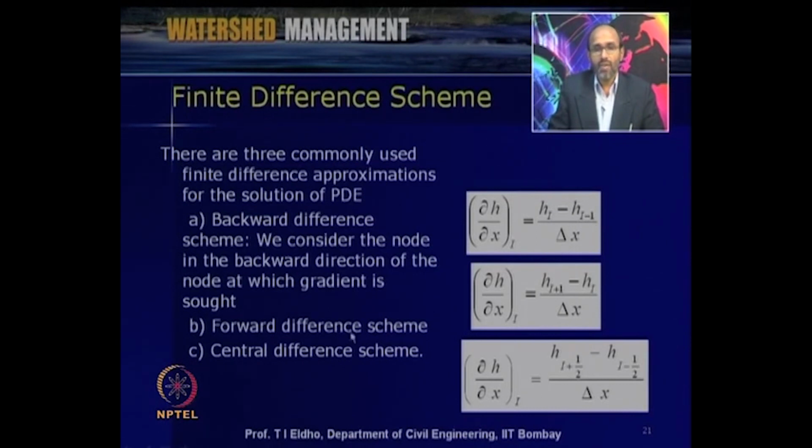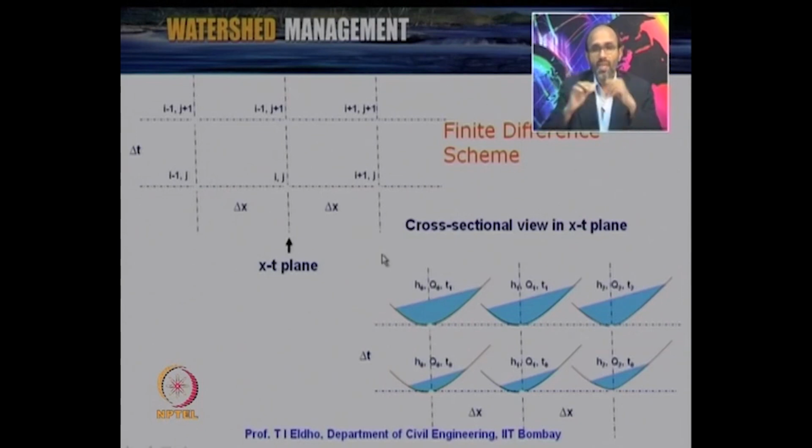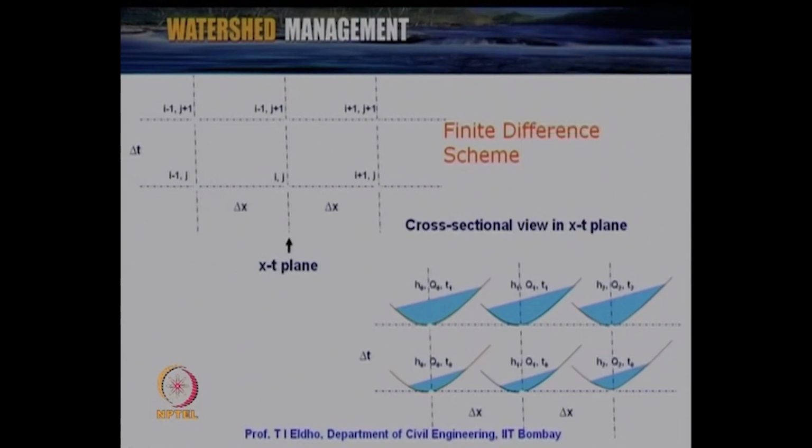Similarly, we can have the forward difference scheme, where we consider the forward direction of the node at which the gradient is sought: h i plus 1 minus h i by delta x. And then we can have the central difference scheme, where we consider h i plus half minus h i minus half divided by delta x. So, one of these schemes we can utilize as far as finite difference modeling is concerned.